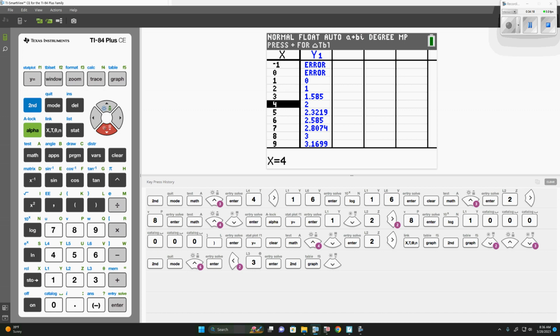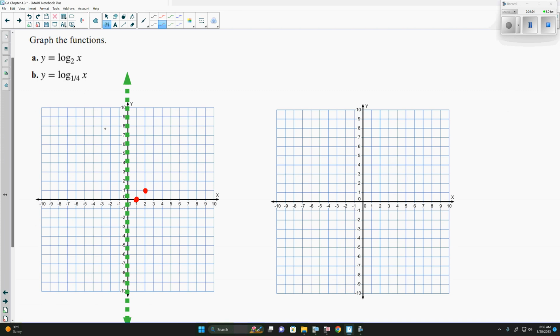But at 4, we do have a nice number of 2. So we can say 4, 2. So we can find some of these nice points. The next one we have is 8, 3. And at this point, we can tell the graphing calculator, or Alex, to go on and graph it, and we get this here.